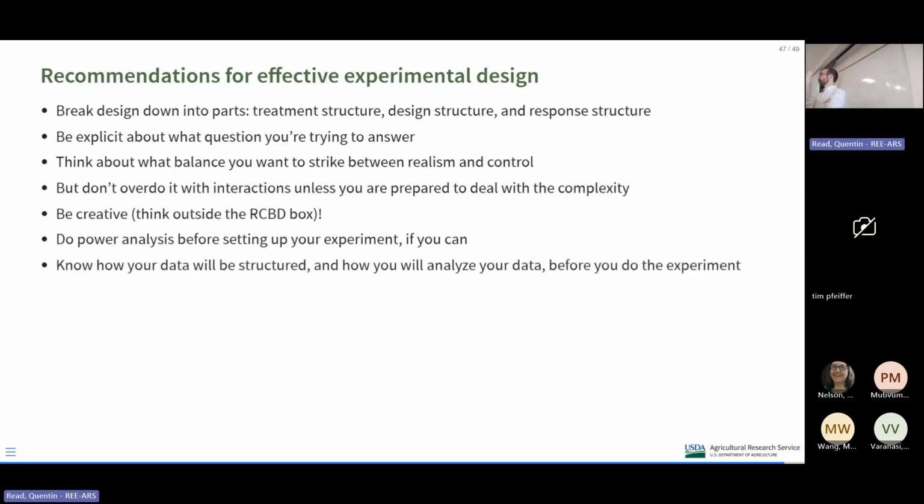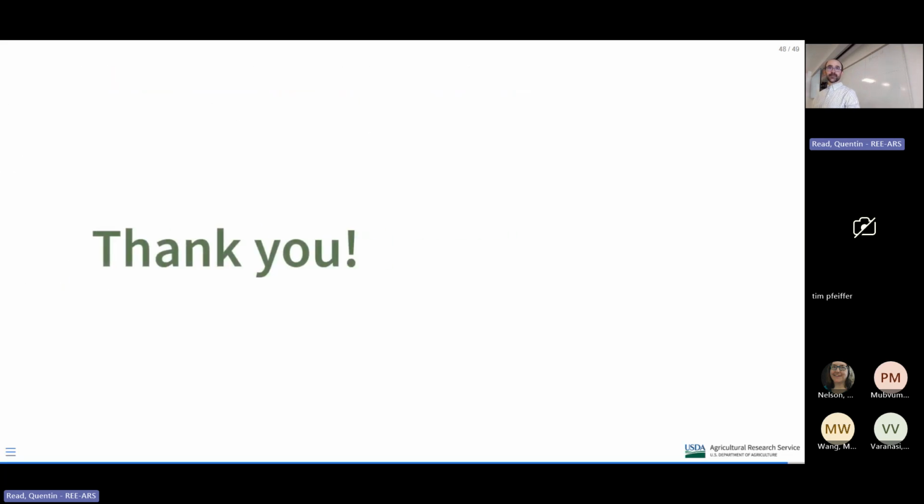And this is always true, experiment or not: you should have expectations of how the data you're going to get will look, and at least a rough idea of how you're going to analyze it, what statistical model you'll use. Having the experimental design can lead you to what your statistical model is going to be. And always consult your local friendly statistician for help if you need it.